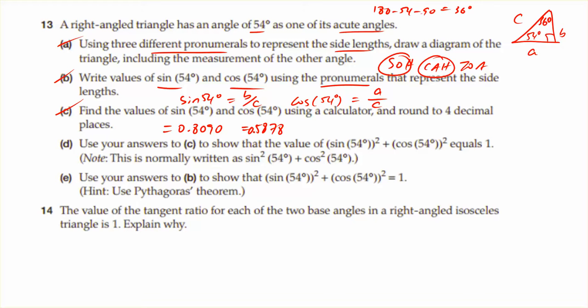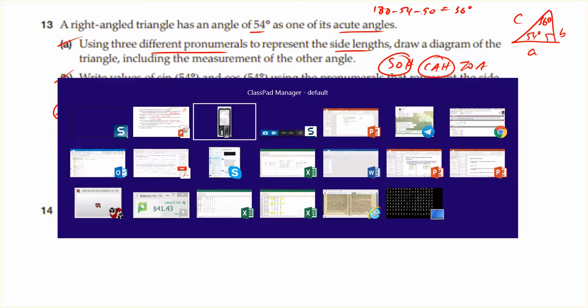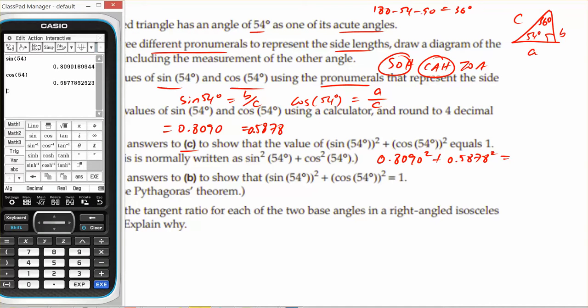Now, we want to use the answer in C, so the answer here, to show that the value of sine 54 squared plus cos 54 squared equals 1. So we want to prove that 0.8090 squared plus 0.5878 squared, because that's the numerical value of both of those ratios, equals 1.